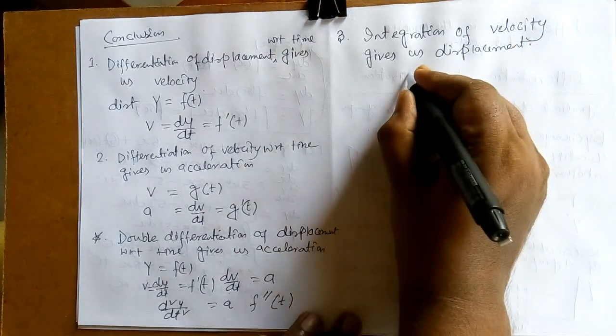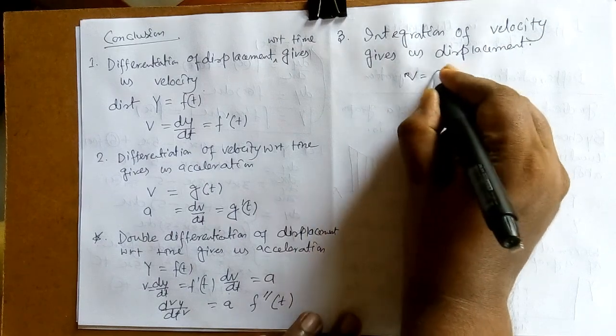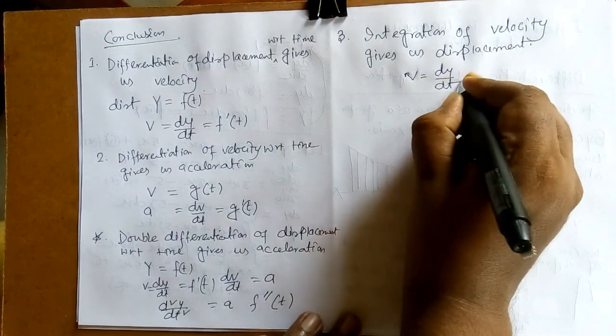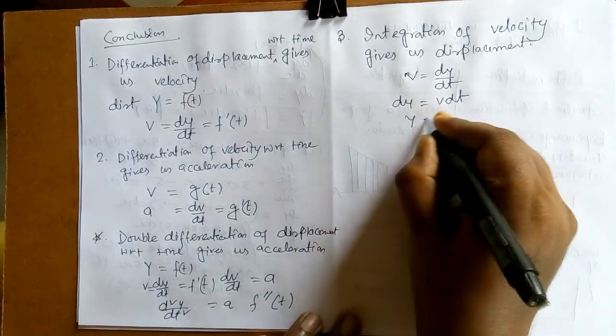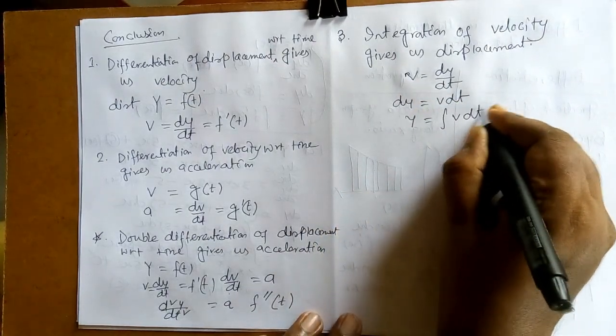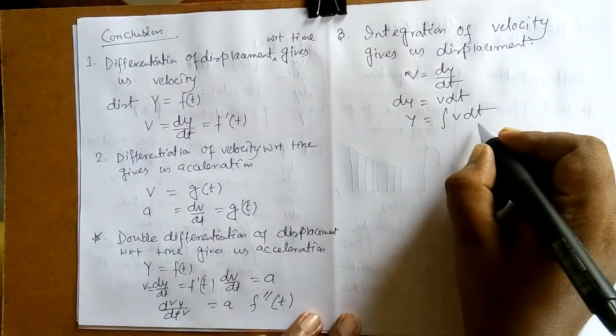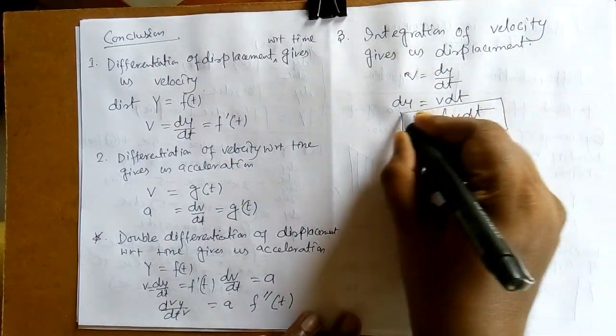How? Because we know that v equals dy by dt, and dy equals v dt, and y equals integration of v dt, and integration of v dt gives us the displacement.